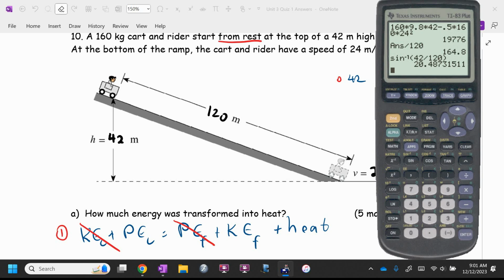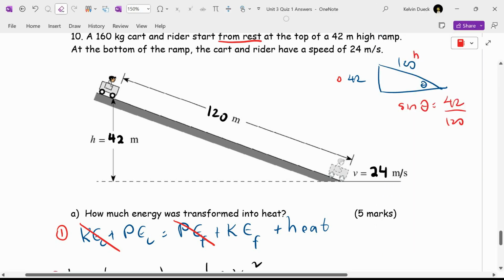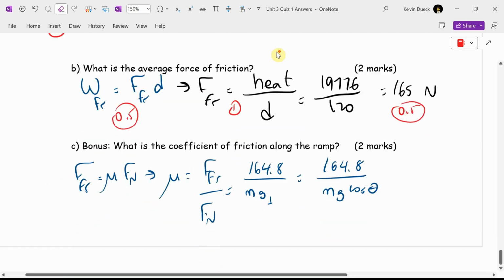Theta is 20.5 degrees. So I can walk that down here.